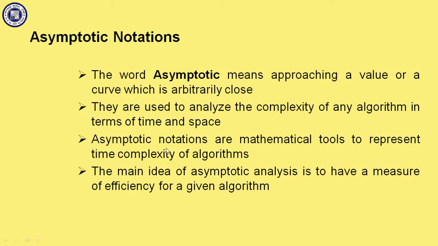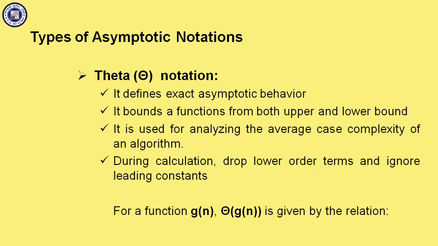The asymptotic notations are the mathematical tools to represent the time complexity of algorithms. The main idea of asymptotic notation is to have a measure of efficiency for a given algorithm. So we will look briefly at these asymptotic notations and how to calculate these complexities.